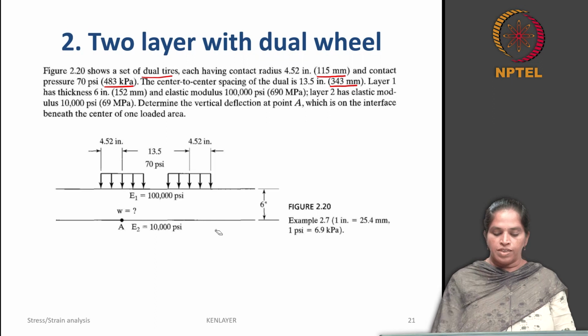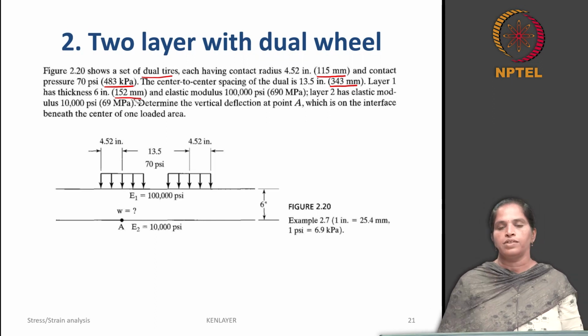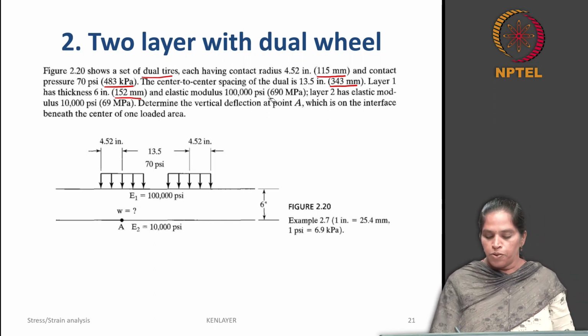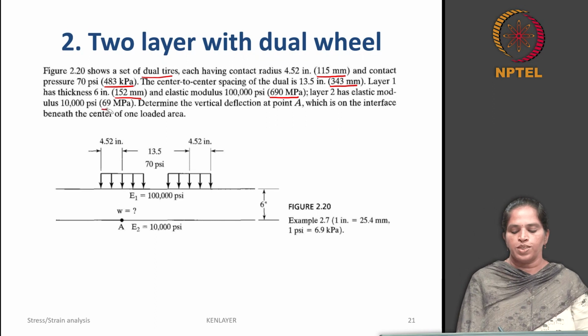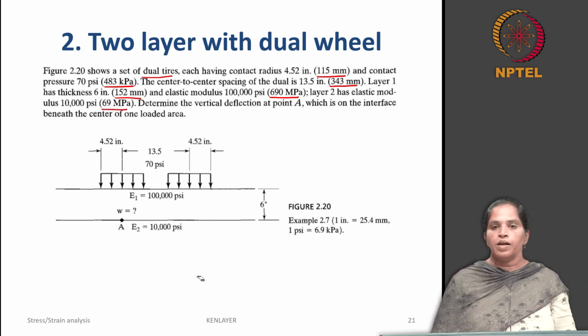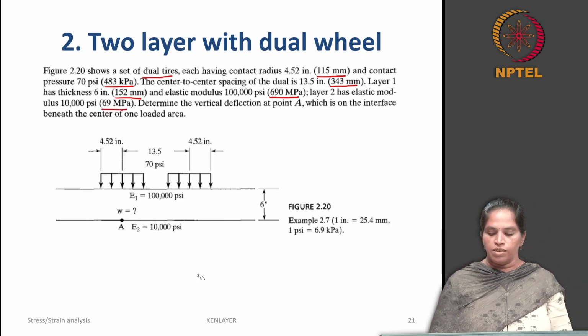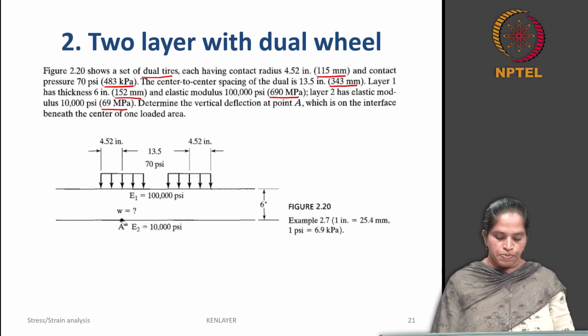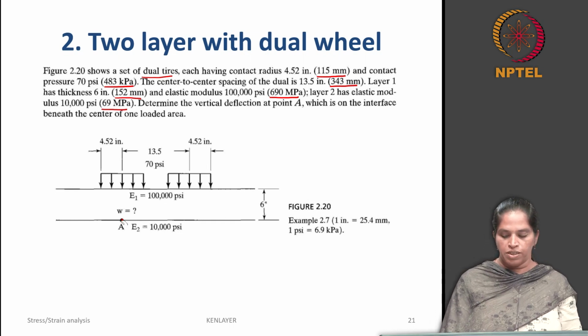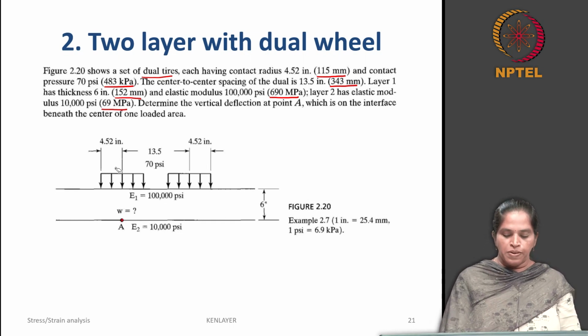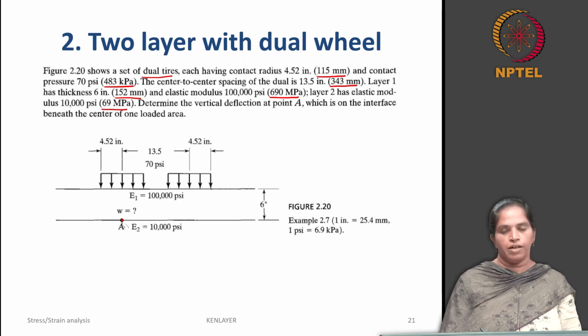Layer 1 has a thickness of 152 millimeters and a modulus of 690 megapascal. Layer 2 has an elastic modulus of 69 megapascal. Now, determine the vertical deflection at point A. Point A is at a depth of 6 inches, that is 152 millimeters, and it is beneath the center of one loading area.